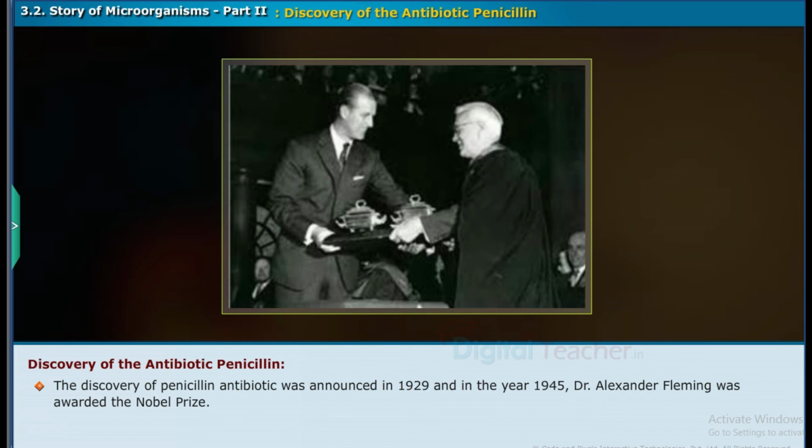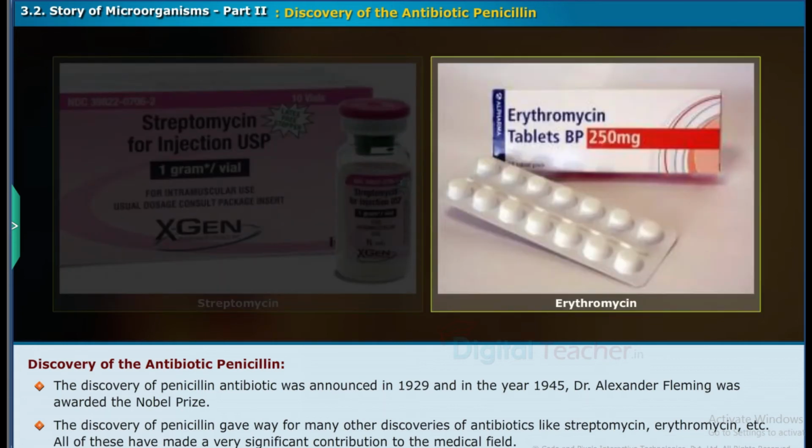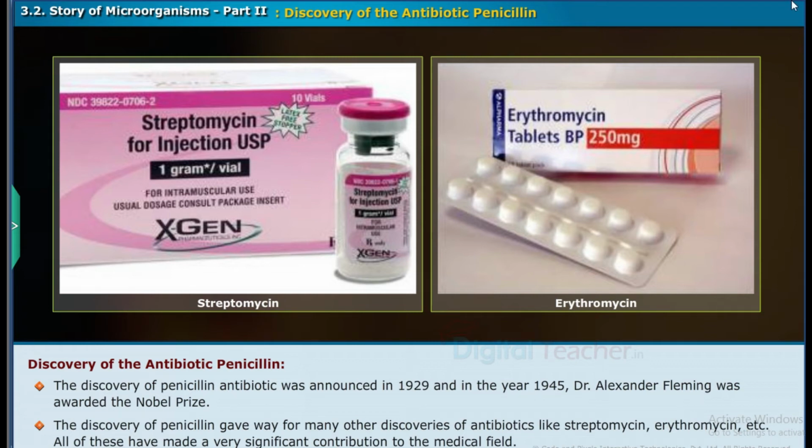The discovery of penicillin antibiotic was announced in 1929, and in the year 1945, Dr. Alexander Fleming was awarded the Nobel Prize. The discovery of penicillin gave way for many other discoveries of antibiotics like streptomycin, erythromycin, etc. All of these have made a very significant contribution to the medical field.